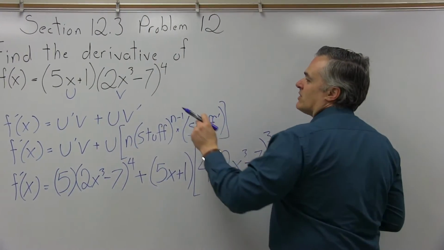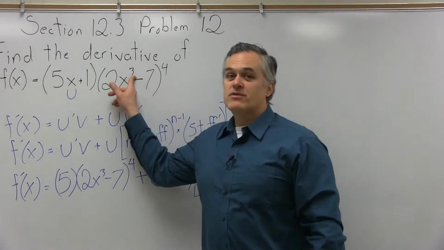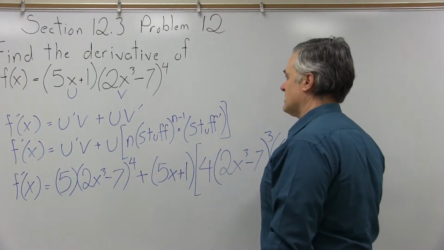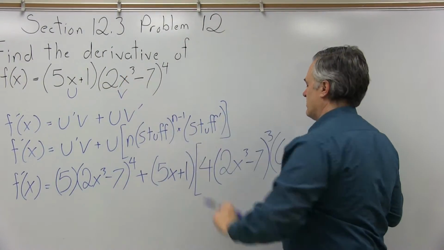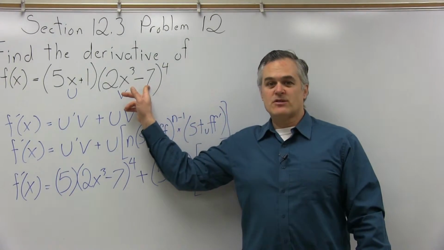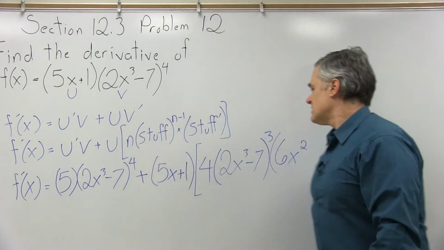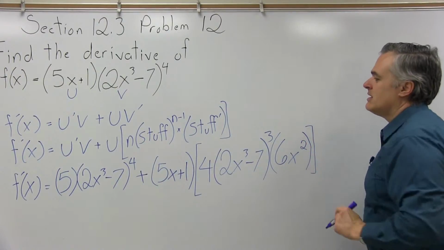Now again, that comes from the derivative of 2x to the third. The exponent of 3 comes down times the 2, the number in front. 3 times 2, there's the 6. X to the 1 less power, that third power drops down to a second power. Now the minus 7 in the end of the parentheses has no x with it, so its derivative is 0. So I can just close the parentheses now, close my brackets.